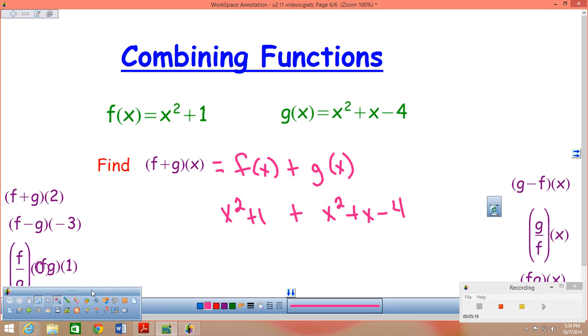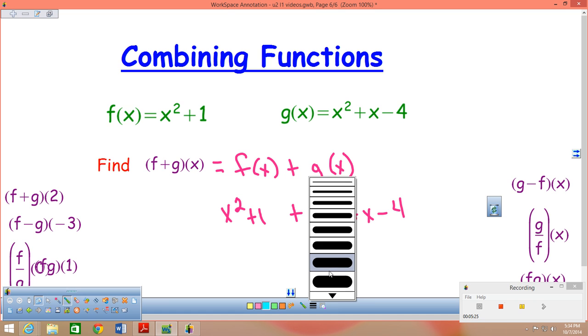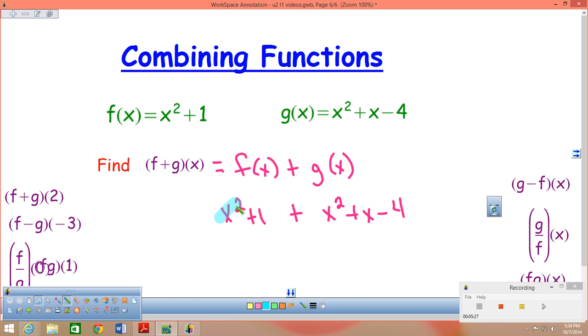Okay, combining like terms. Here we go. Let's use our highlighter. I've got an x squared term here and an x squared term here. I have an x term and I have a number and a number. Okay, my like terms, I have 2x squared, x squared plus x squared, 2x squared.